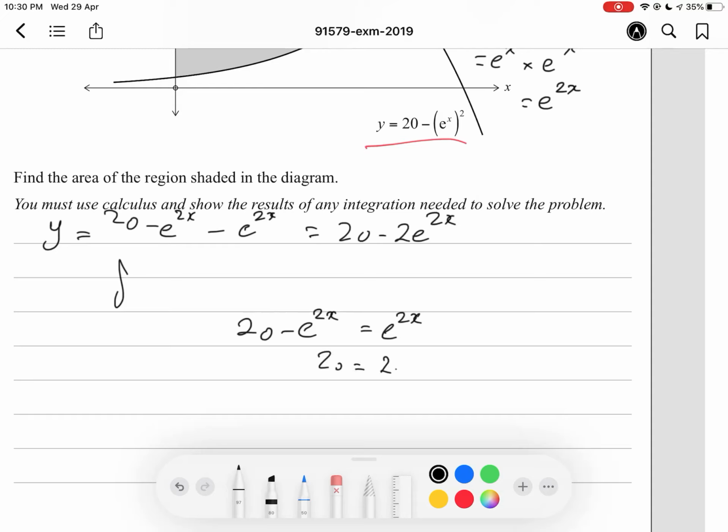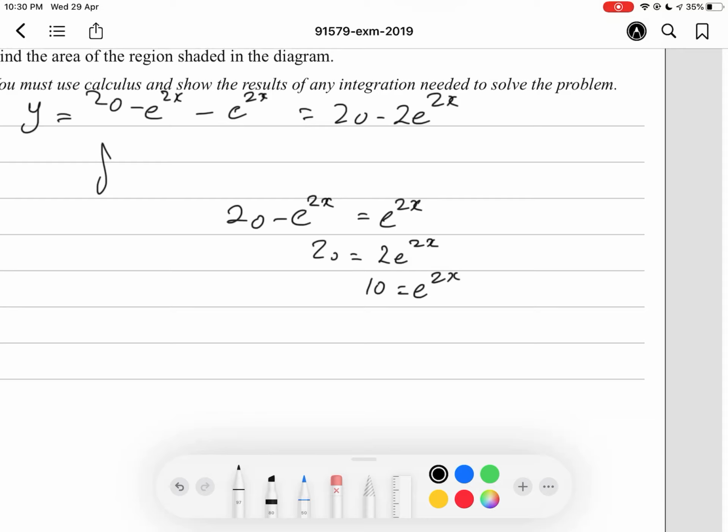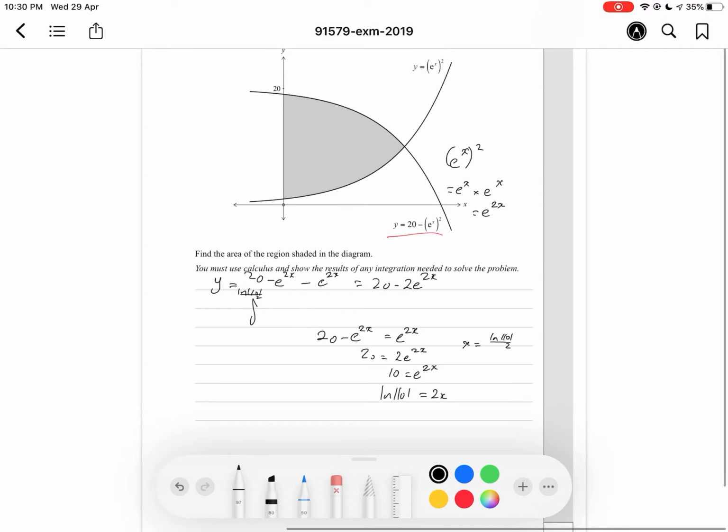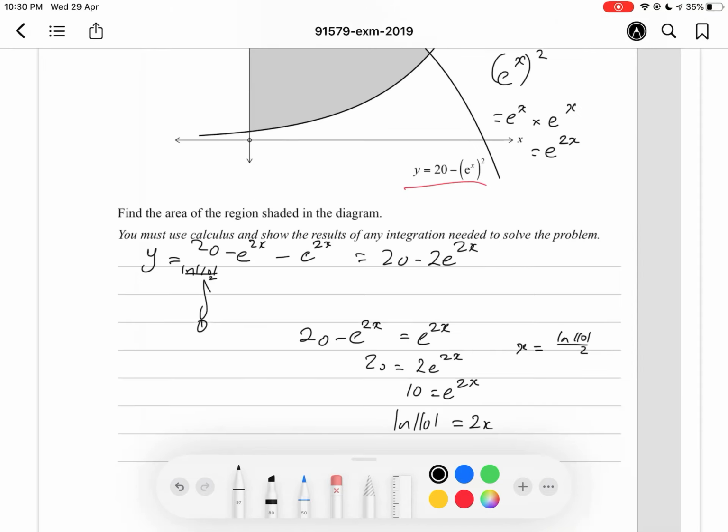So 20 equals 2e to the power of 2x, therefore 10 equals e to the power of 2x, because you divide both sides by 2. Then you take the natural log of both sides, which gives 2x equals ln 10, so x equals ln 10 over 2. We'll just leave it in that form to be more accurate. So the limits are ln 10 over 2 and 0.